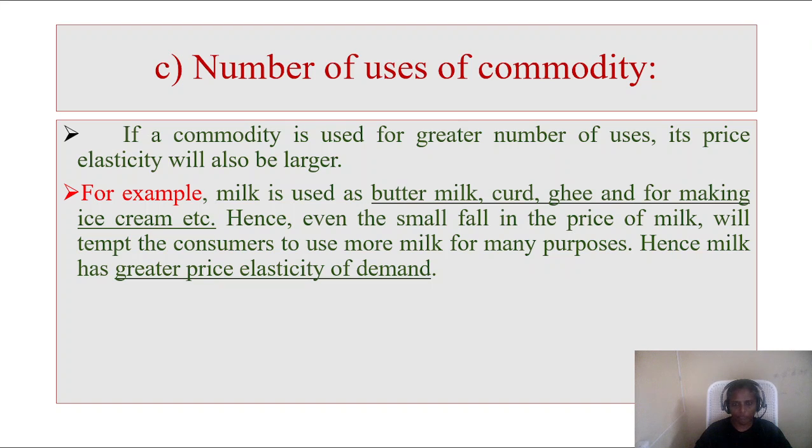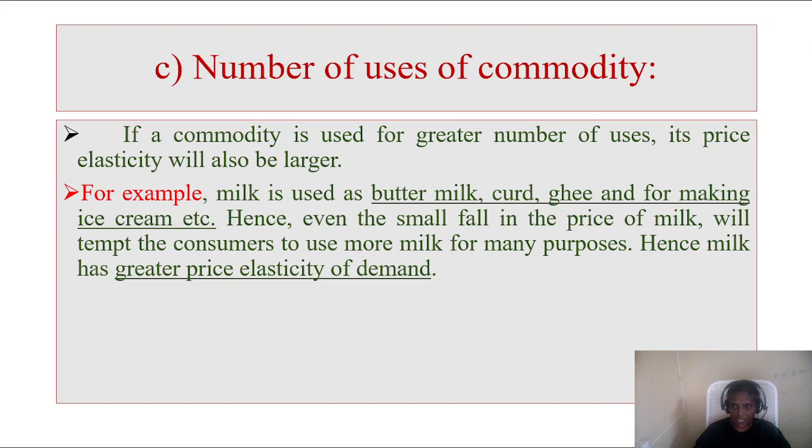So whenever there is a fall in the price of milk, the consumers will be tempted to consume the product for many purposes, like having more buttermilk, curd, ghee, and for making other milk products like ice creams. Whenever there is a fall in the price of these commodities, there will be a greater elasticity of demand.